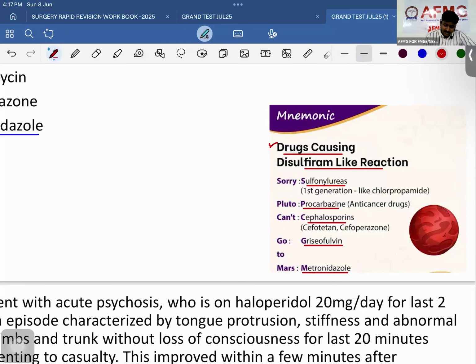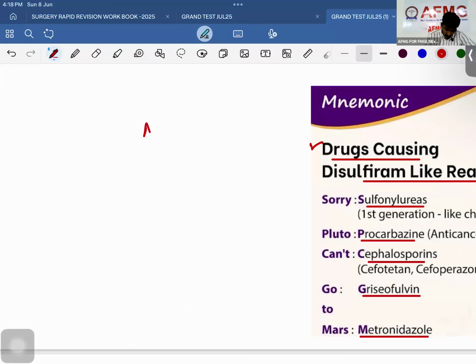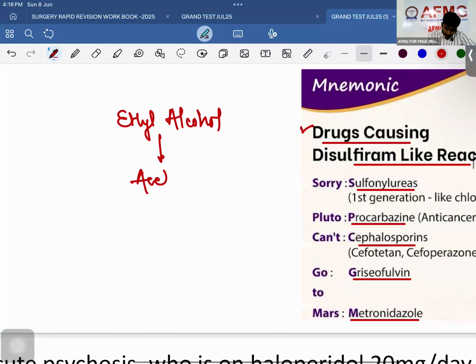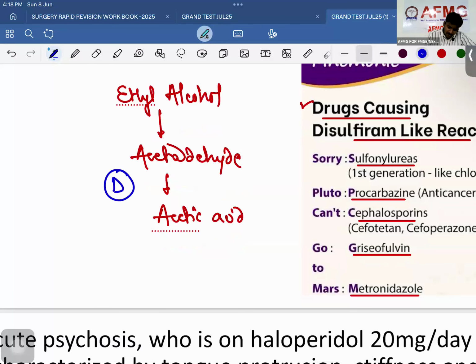Meaning, they will inhibit which enzyme? We know any drug which has a disulfiram-like action is known to inhibit an enzyme called aldehyde dehydrogenase.